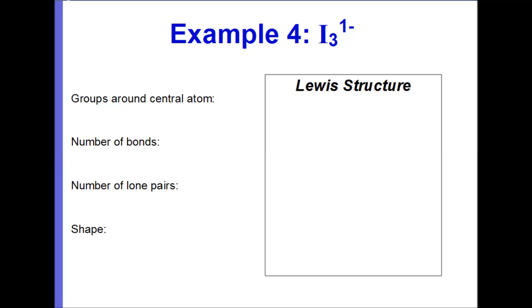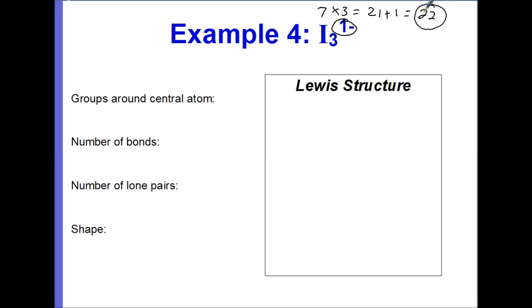For example 4, we have an I3 ion with a -1 charge. Let's see how many valence electrons it has. Iodine is in group 7, times 3, so that gets 21. Remember, since this is a -1 charge, you have to add 1 to the total number of valence electrons.